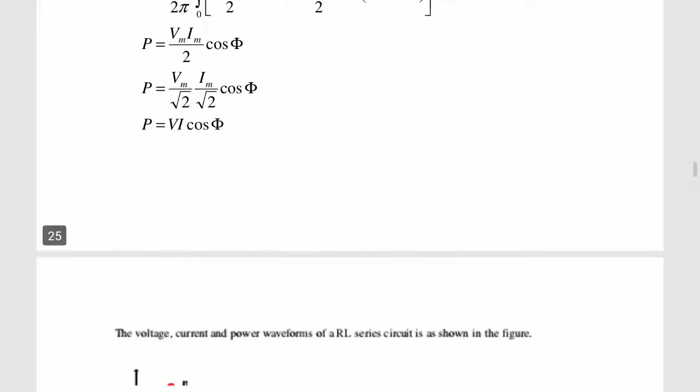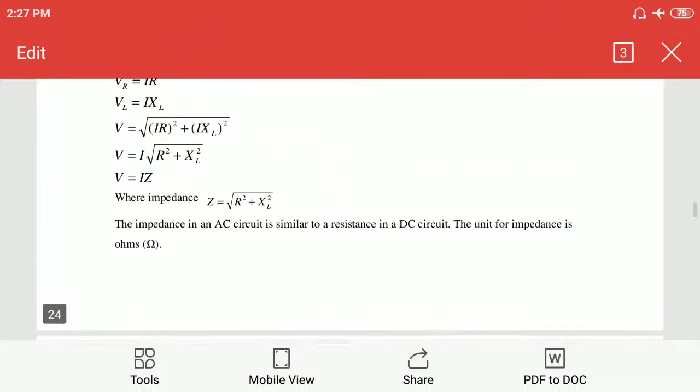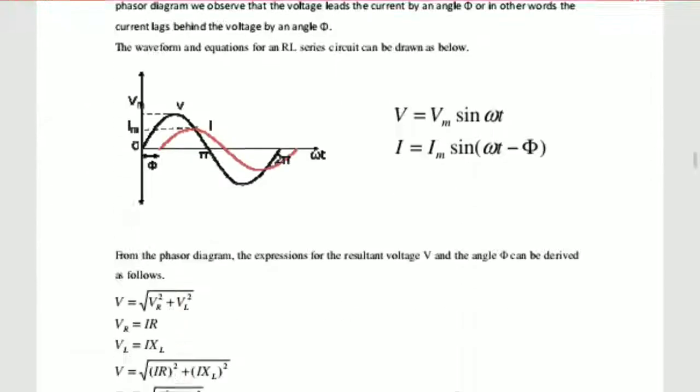How are we going to connect R and C? R and C are in series.